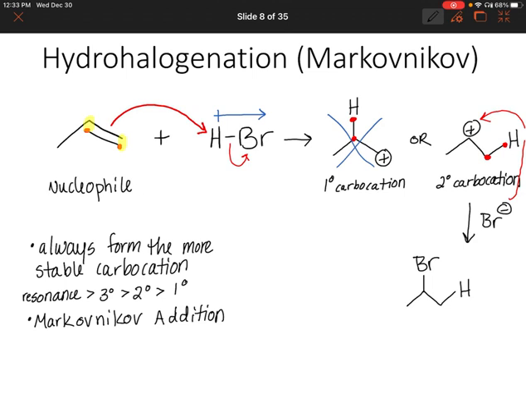And then the halogen, the bromine, always adds to the side that's more substituted. And that's because you form a more stable carbocation intermediate. So what we can say in general is the halogen adds to the more substituted carbon.